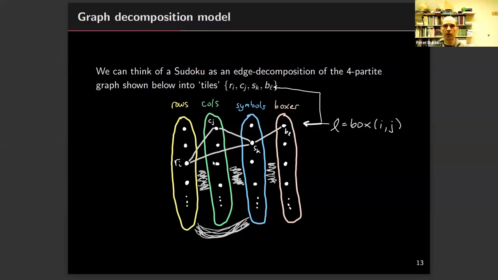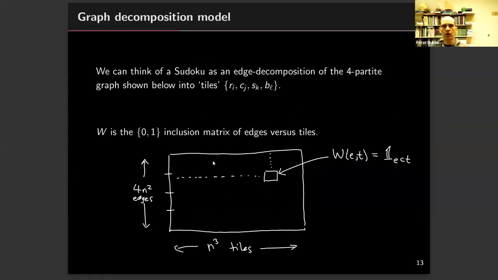All right, so here's a look at the relevant matrix W that we had before. So it was 4n squared by n cubed. You can now think of it this way: there are 4n squared edges, and there are n cubed tiles. That's just, well, possible tiles.